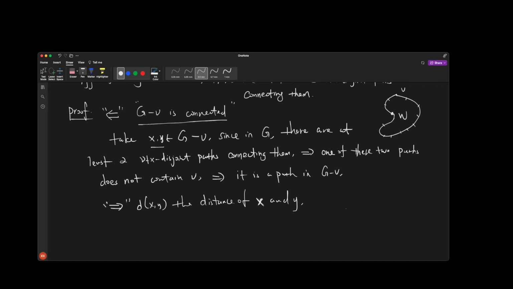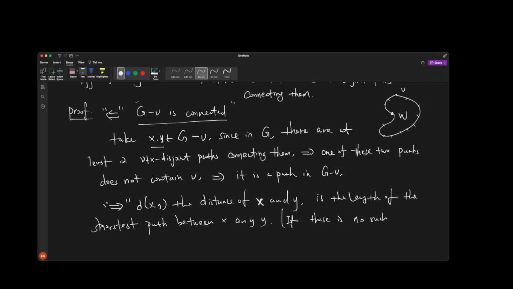I want to stress that if there is no such path, it means that x and y are disconnected.